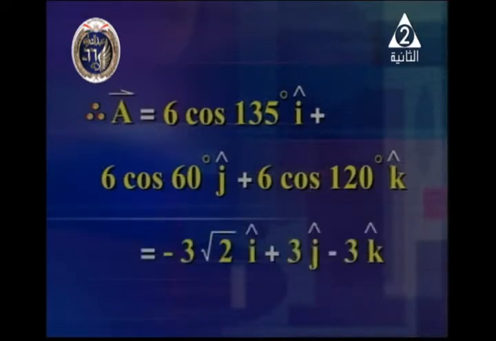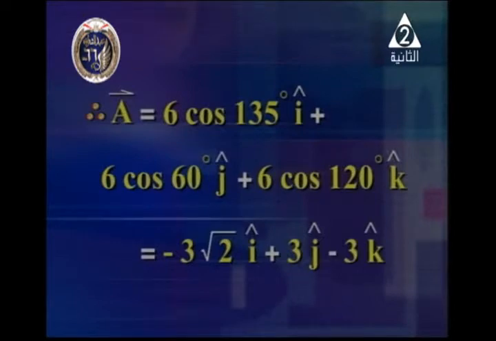By using cosine 135 equal negative root 2 over 2, we get negative 3 root 2 in direction i. 6 cosine 60 equals 6 times half, equal 3j. Also 6 cosine 120, cosine 120 equals negative 1 over 2, times 6 equals negative 3k.